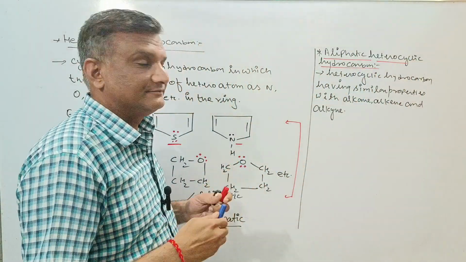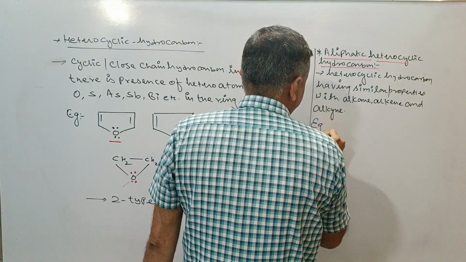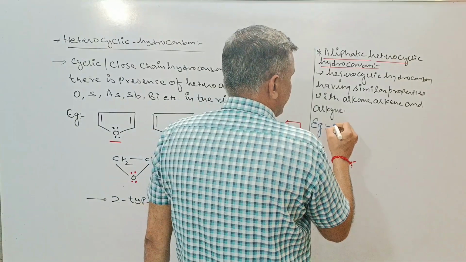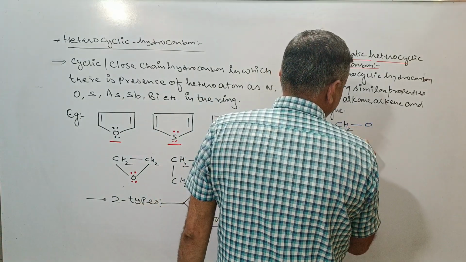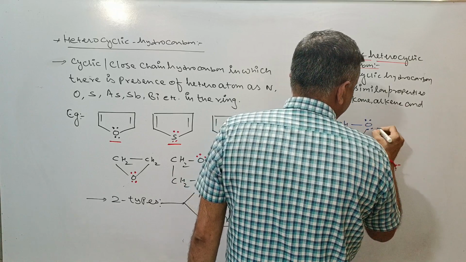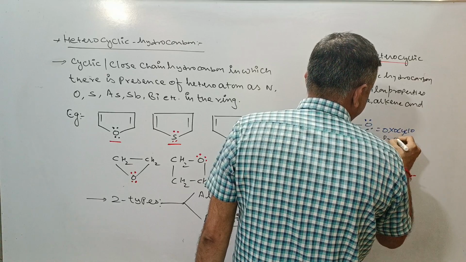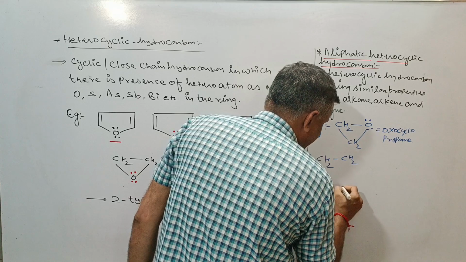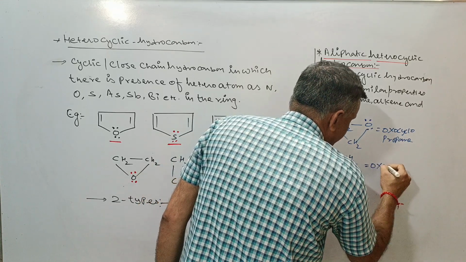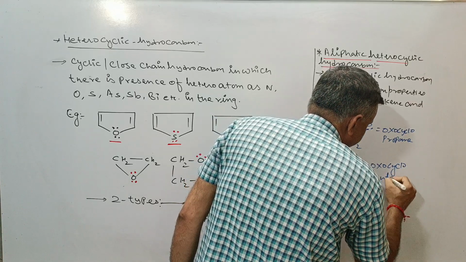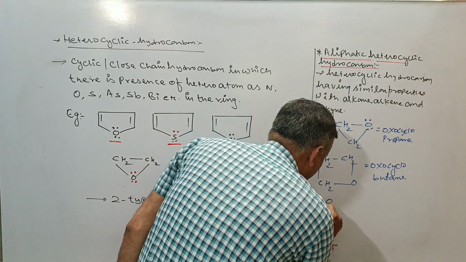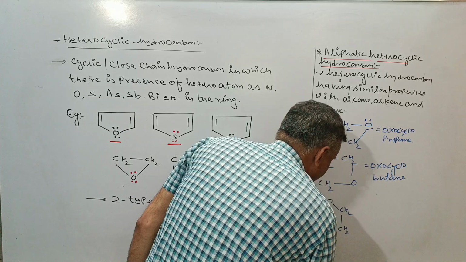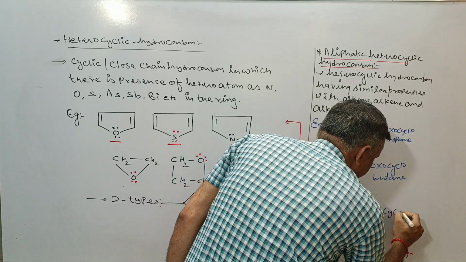Now it is time to discuss examples. We can take oxocyclopropane, named because its structure is like propane, with oxygen having two lone pairs. Another example is oxocyclobutane. These are all cyclic ethers. Going further, there is a ring with O and CH2 groups, which is called oxocyclobutane.